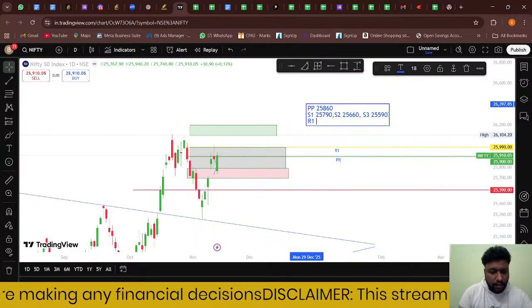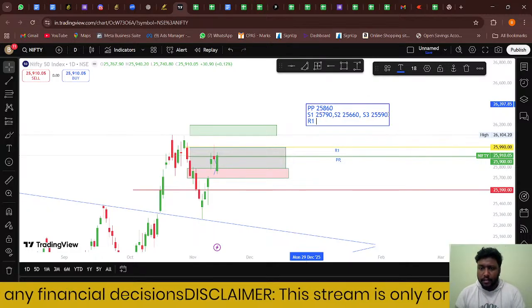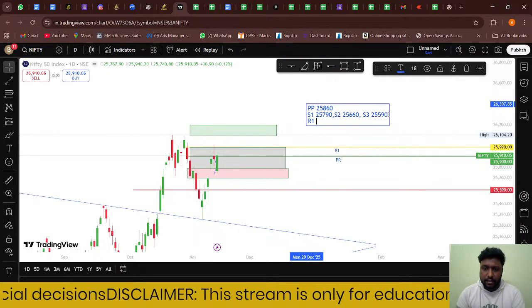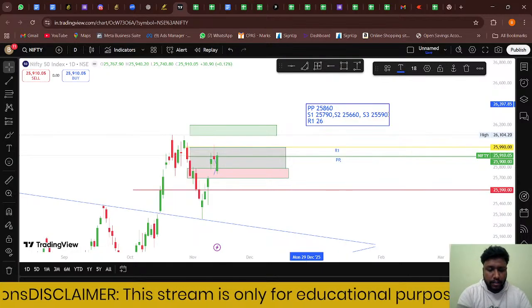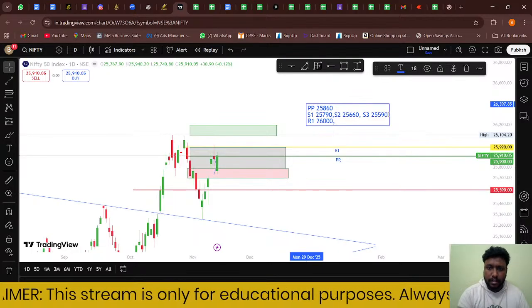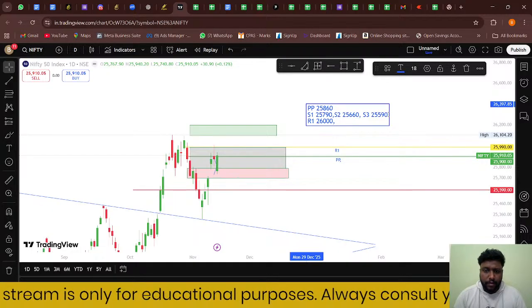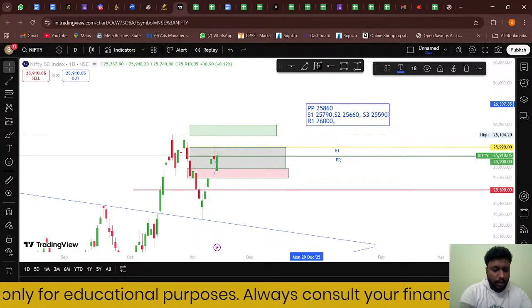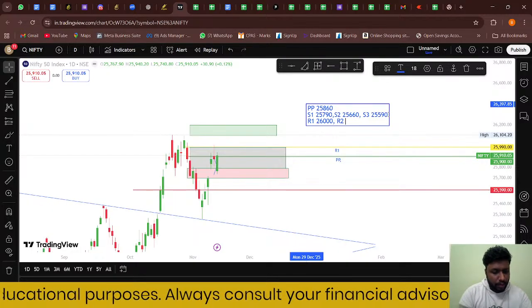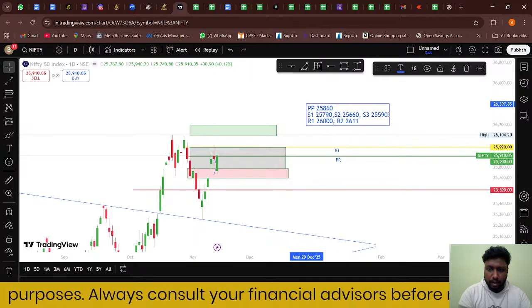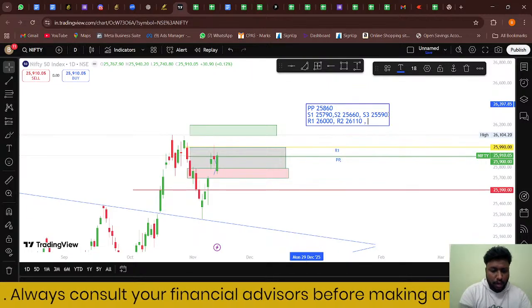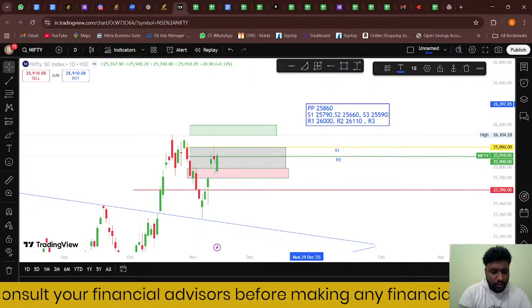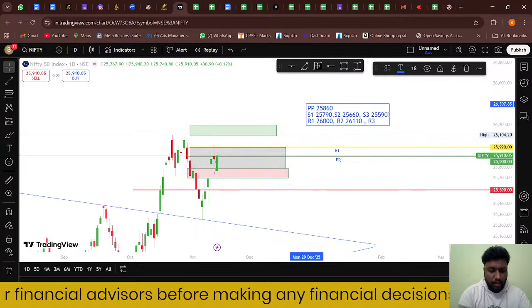Let's move on to the resistance part. Resistance 1 lies at 25,986, but we will consider 26,000 as a psychological level as well. So 26,000 will be the R1, and R2 will be at 26,100, 110 it will be. R3 will be at 26,190, 200 we can mark.